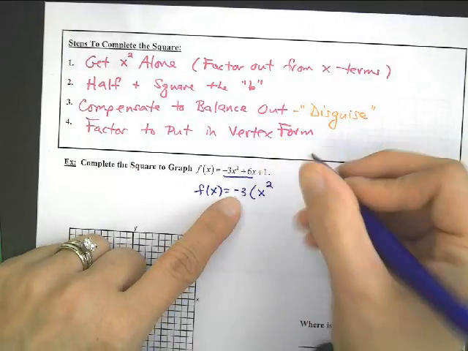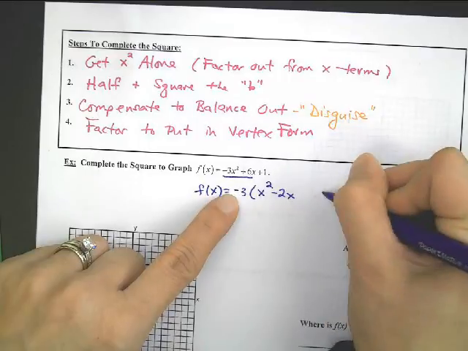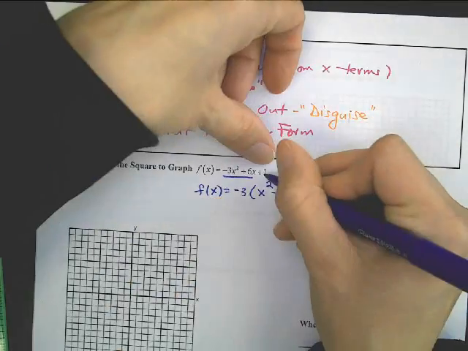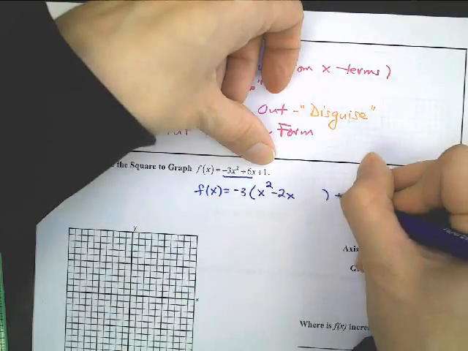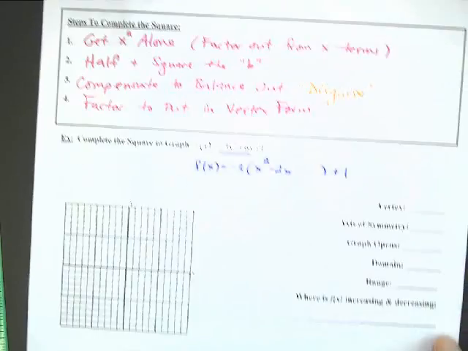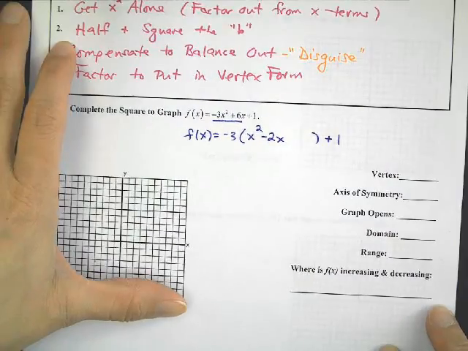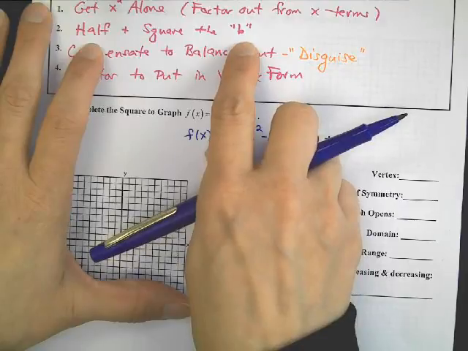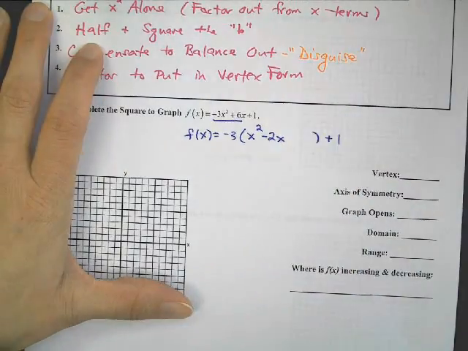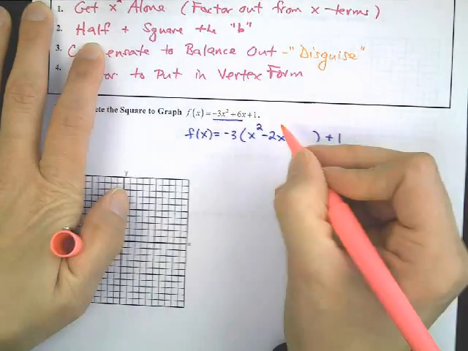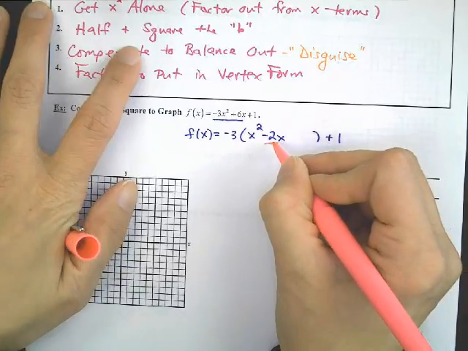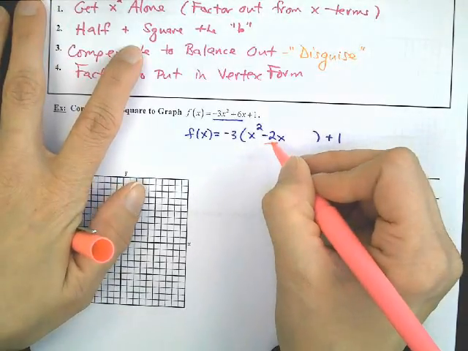Positive 6 divided by negative 3 is negative 2x. Okay, leave some space. And where do we put that 1? Way down there. Okay, step 2, half and square the b value. So which one is the b value? Negative 2 right here, this middle term. So half of negative 2 is negative 1.